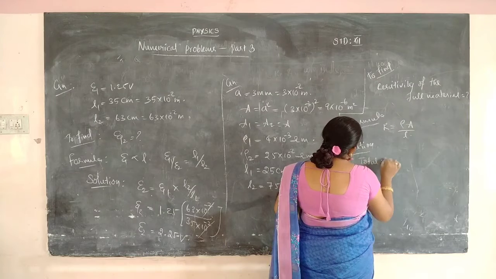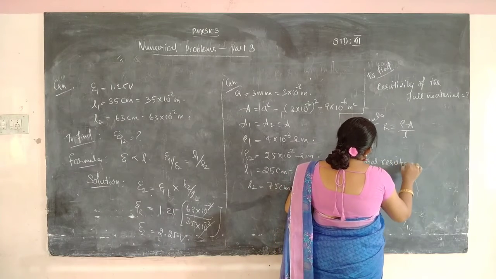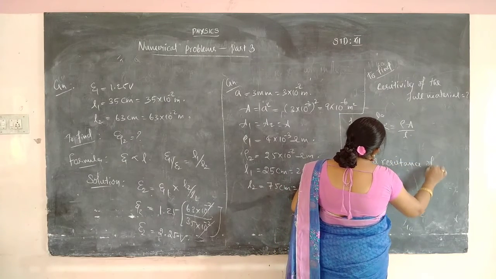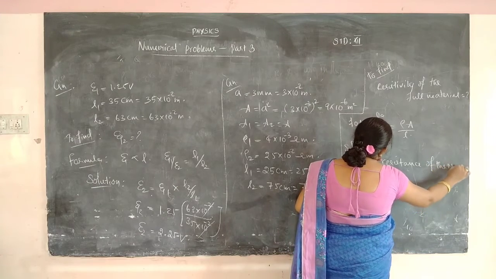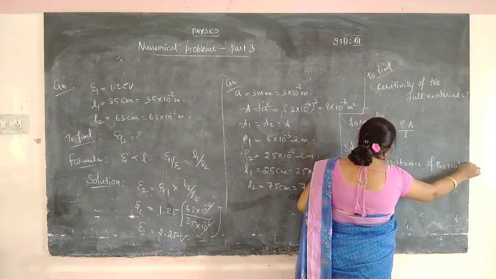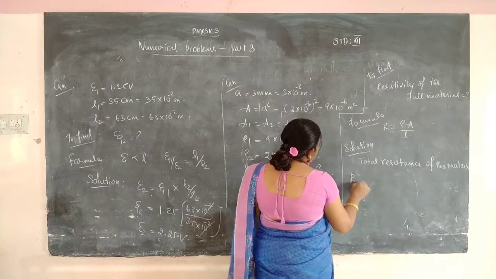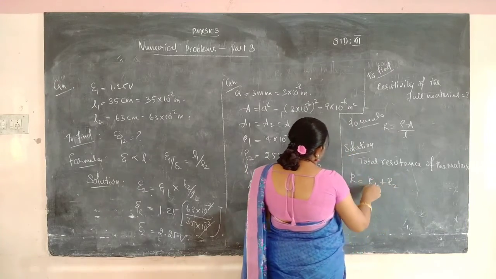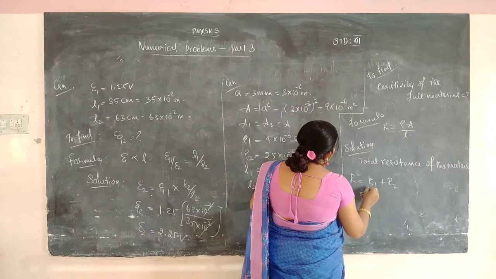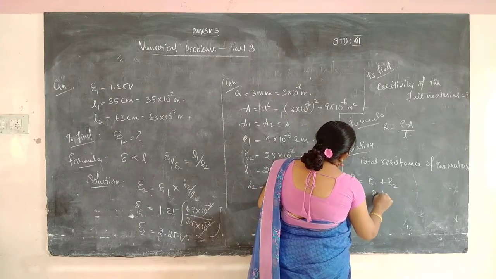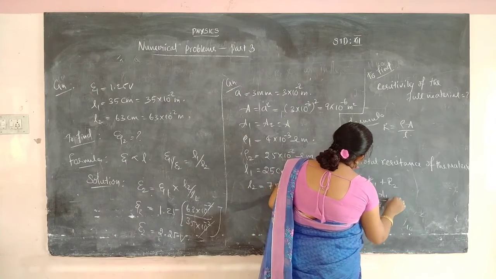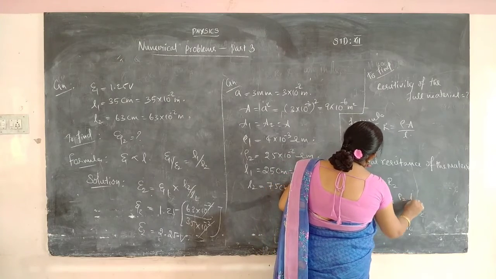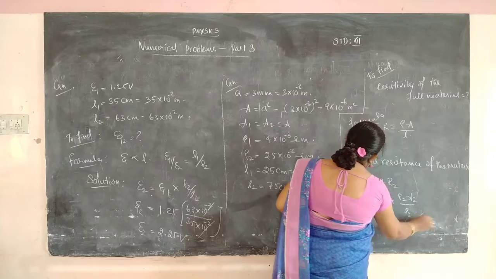Total resistance of the material, R is equal to R1 plus R2: the first material's resistance and the second material's resistance. So rho 1 L1 by A1 plus rho 2 L2 by A2.